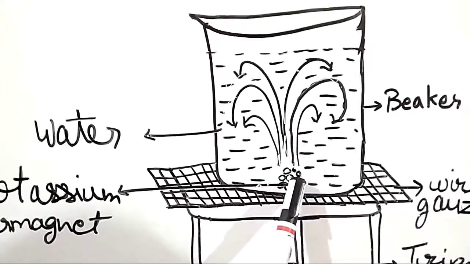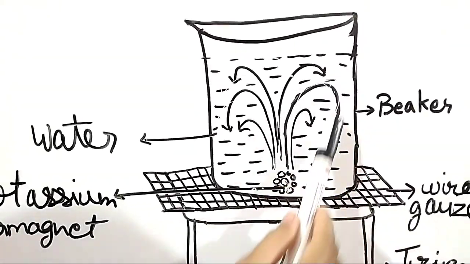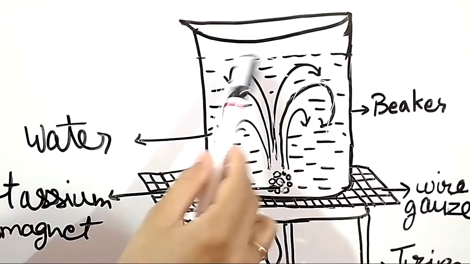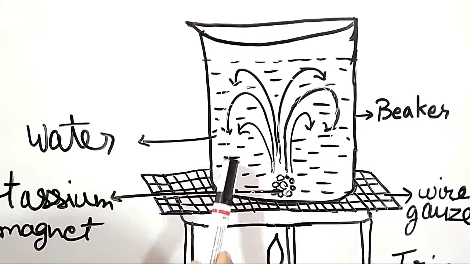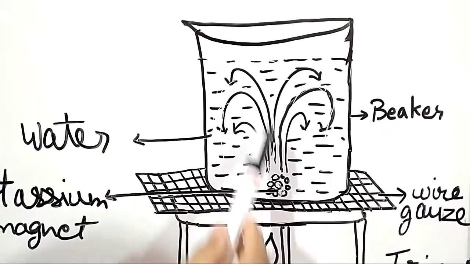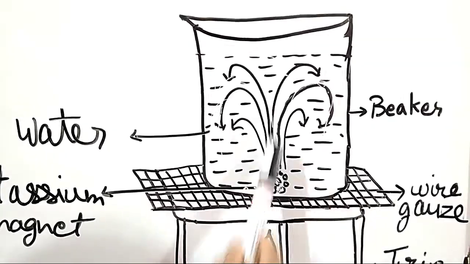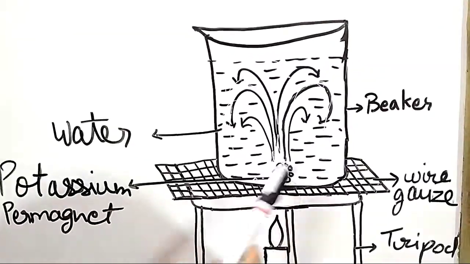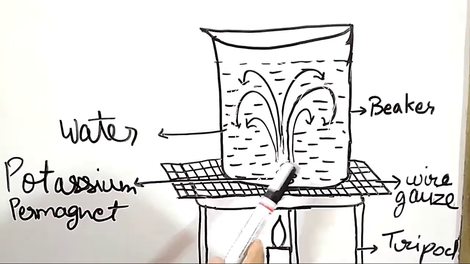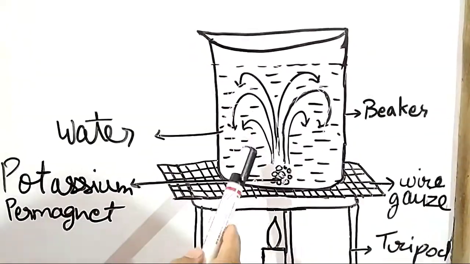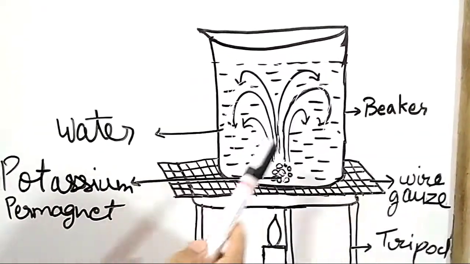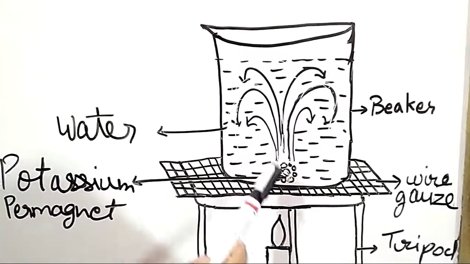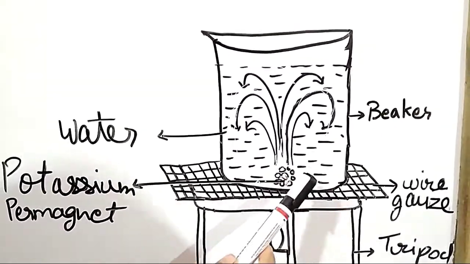So the rising of hot water molecules and coming down of cold water molecules create a current. It is known as convection current, and this process is known as convection. Transfer of heat by convection occurs only in liquids and gases.